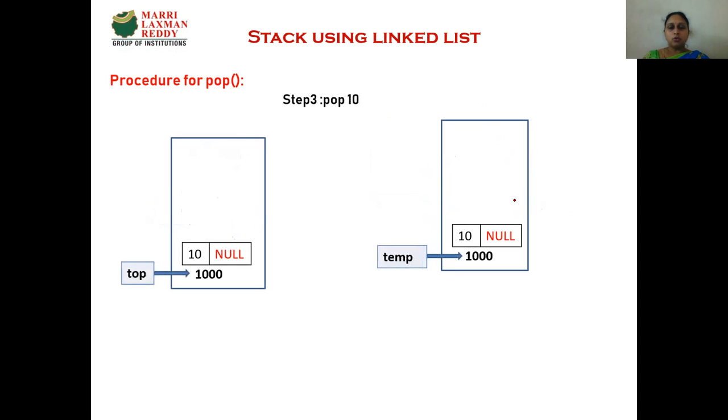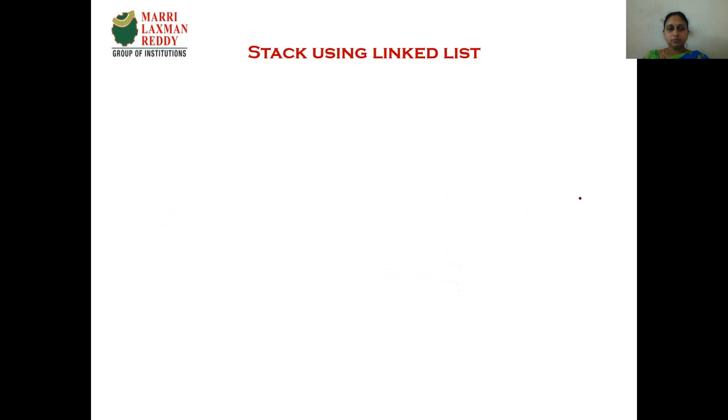Now I can remove the top element on the stack. The same thing is applied for the next one. If I want to pop 10, then I need to assign top equal to top arrow next, and top arrow next will be pointing to none. Now I can free temp. When we reach top equal to null, it means you don't find any elements in the list, and that leads to an underflow condition.